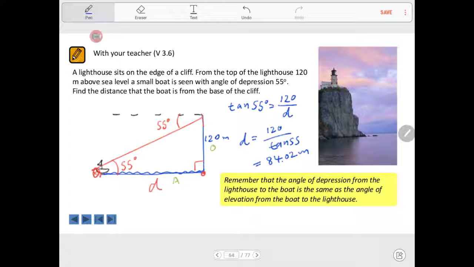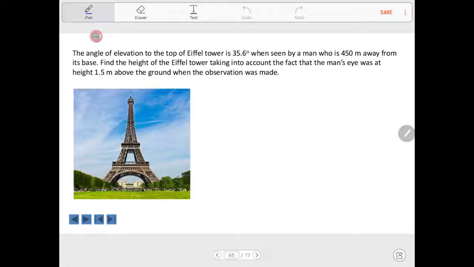So the maths was not new there, but the way we drew the diagram was the new part. This one is really similar. You might want to pause the video and try and draw the diagram for this, then I'll have a go at it. Okay, so for this one, we've got a tower. So I'll just draw the tower here, just a line to represent that tower.